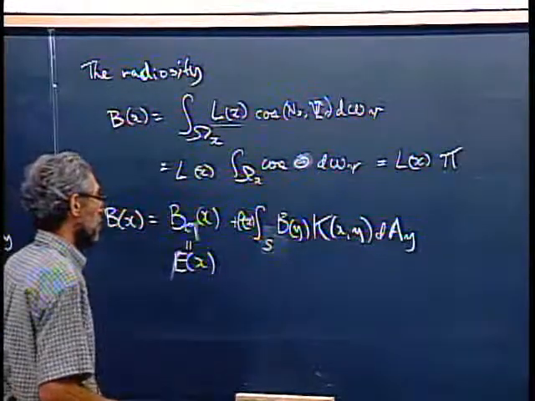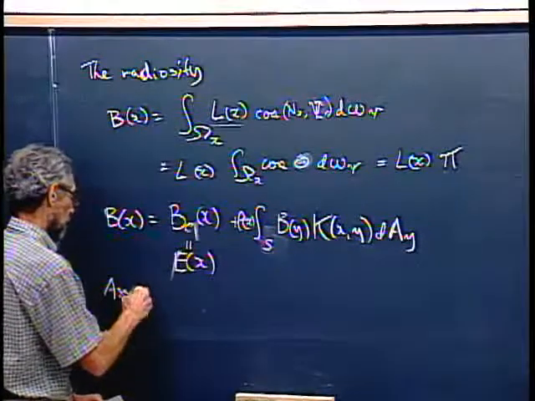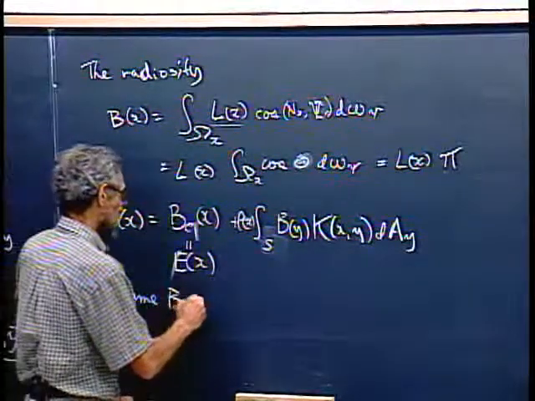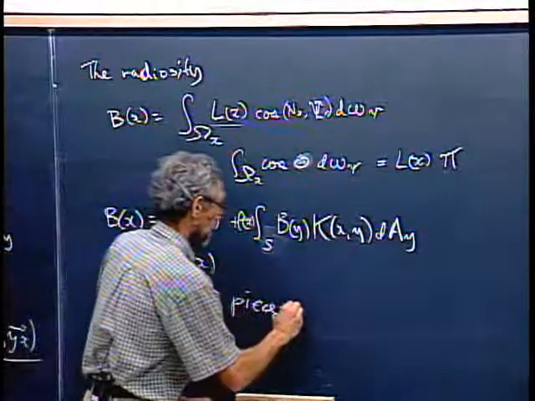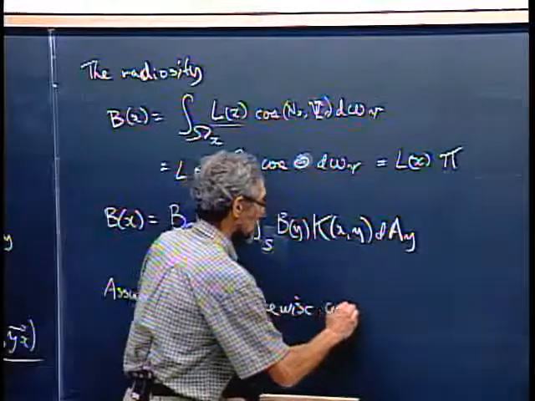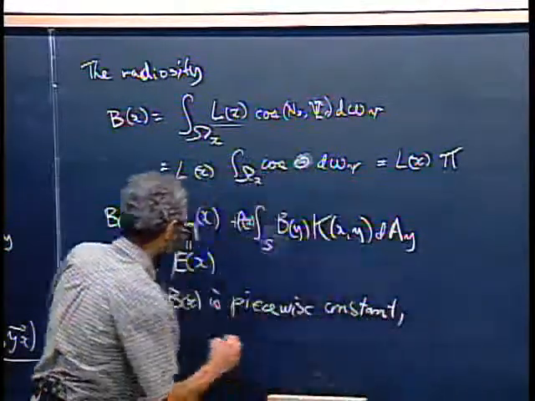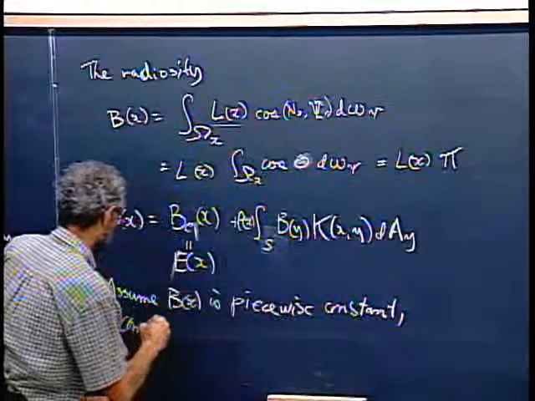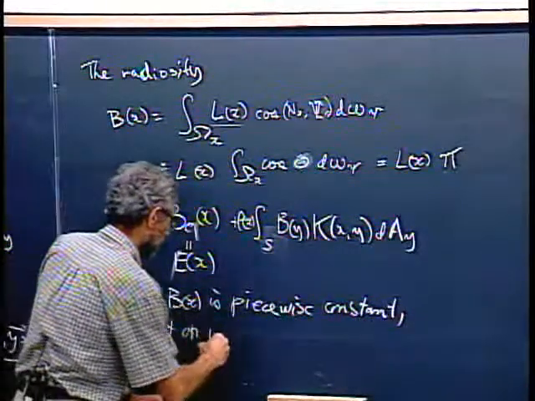Okay, so now comes the assumption that B of x is piecewise constant, and it's constant on, historically they're called patches.